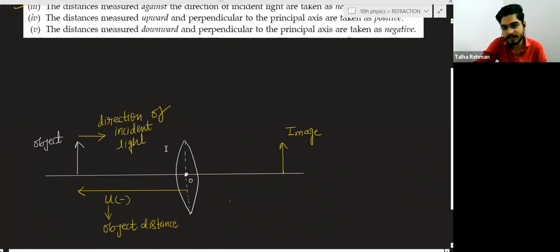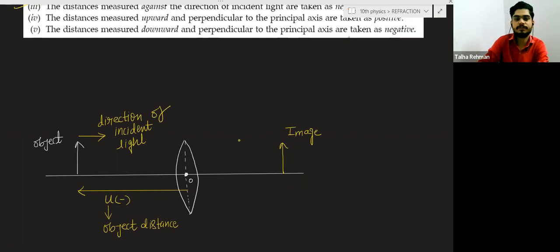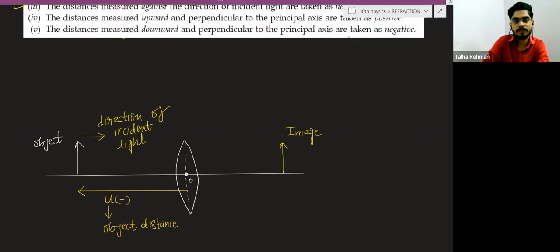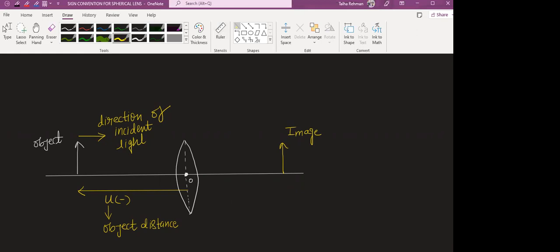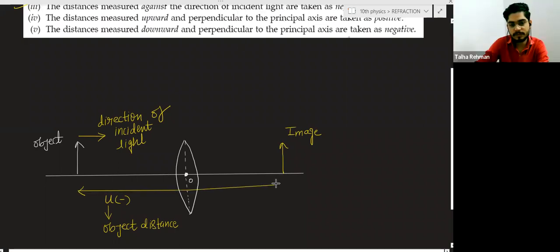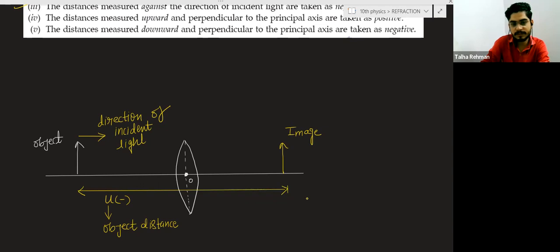Is this direction the same as that of incident light or opposite? Azaan, is this direction the opposite or the same direction of the incident light, na? Yes, sir.